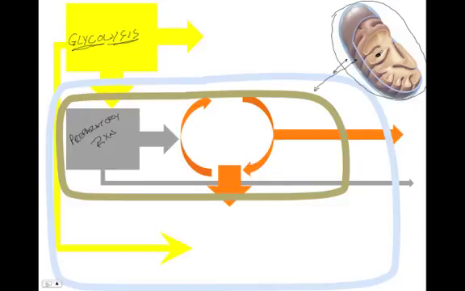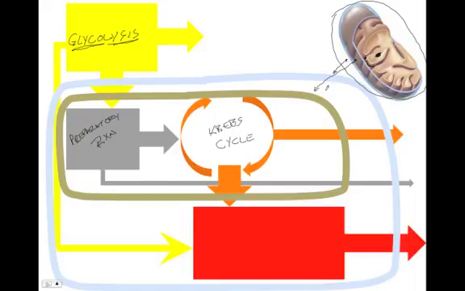Then inside the matrix of the mitochondria, we're going to have the Krebs cycle occurring. And then in the intermembrane space, the area here between our two membranes, we're going to have electron transfer phosphorylation.